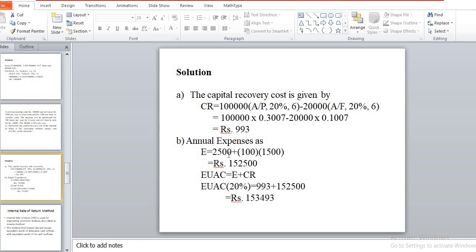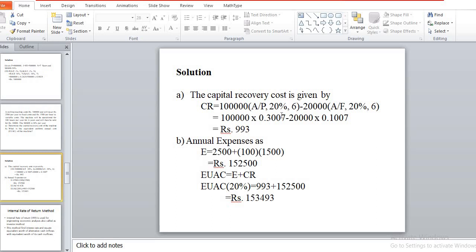So these numericals are simple ones with some formulas. Only for this, we have to remember what is meant by A by P and what is meant by A by F, and the formulas related to these particular factors. We use that formula and we can solve this numerical easily.